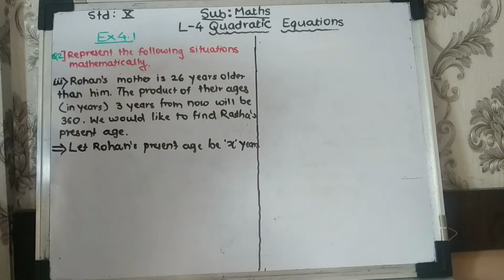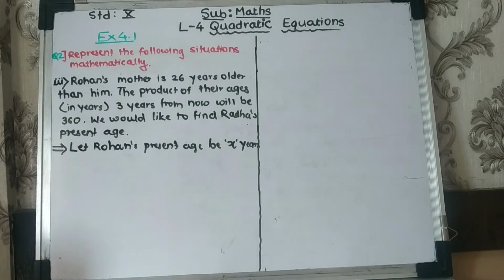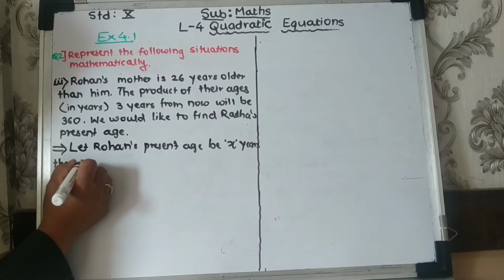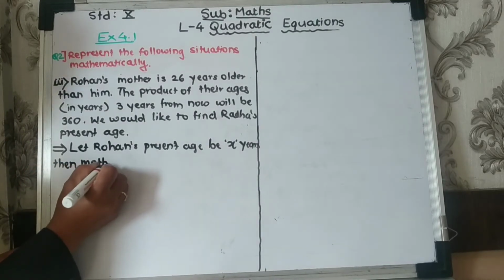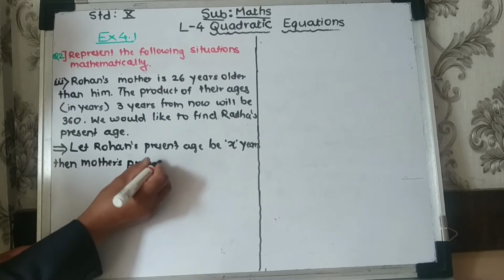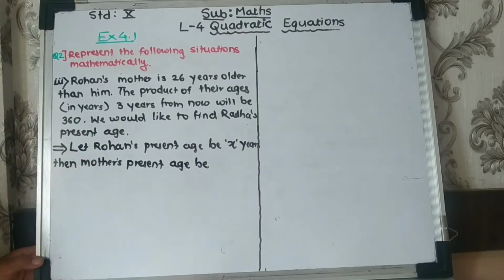So, if the present age of Rohan is x years, then what about his mother? Then mother's present age will be what?